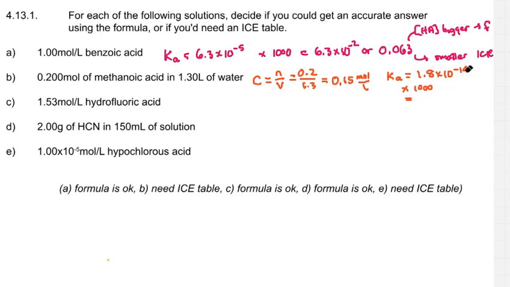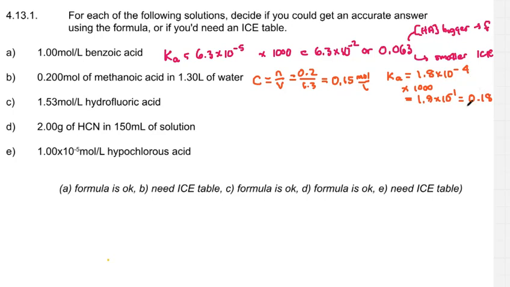I'm so used to writing the ion product for water that I just automatically put a 14 there. That is negative 4. Okay, pro tip, multiplying by 1,000 just raises this power by 3 because 1,000 is 10 to the third power. So you're going to get 1.8 times 10 to the minus 1 here, or 0.18 moles per liter.